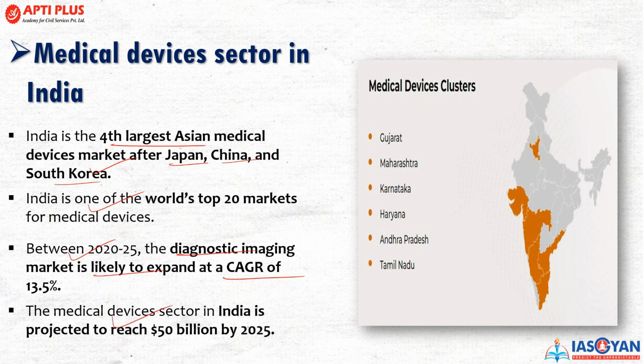The medical device sector in India is projected to reach 50 billion by 2025. These are the data from market experts. And in India in general, the medical device clusters are based in Gujarat, followed by Maharashtra, Karnataka, Haryana, Andhra Pradesh, and Tamil Nadu.